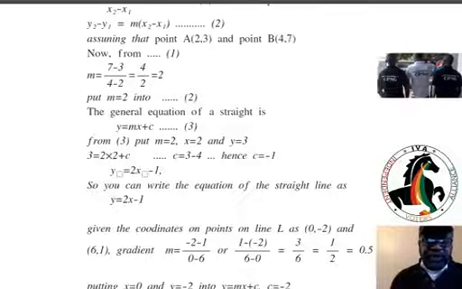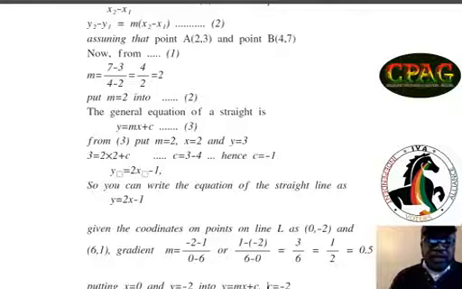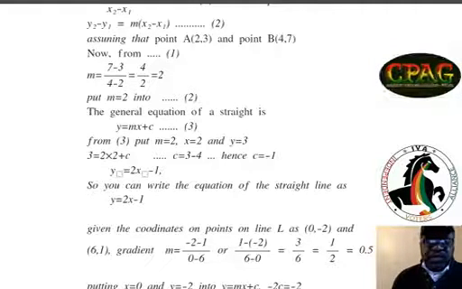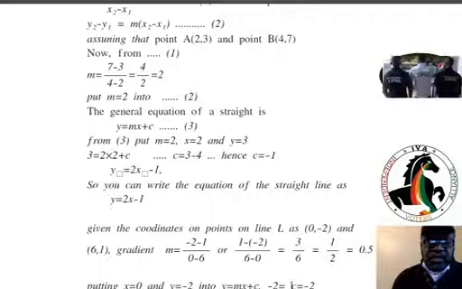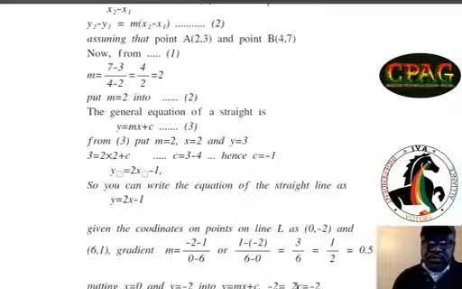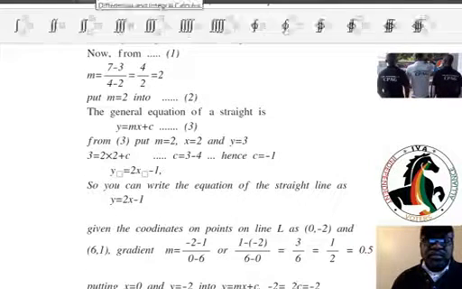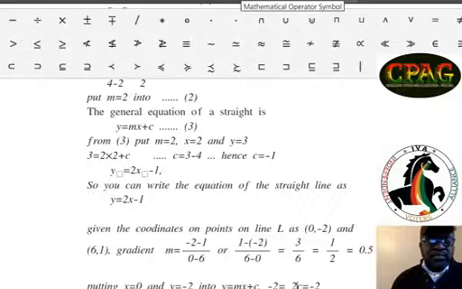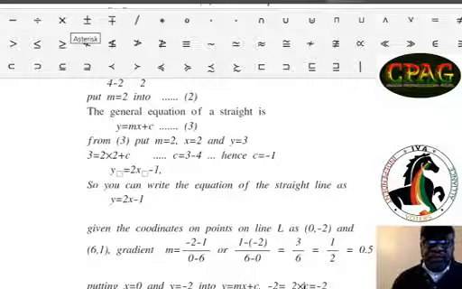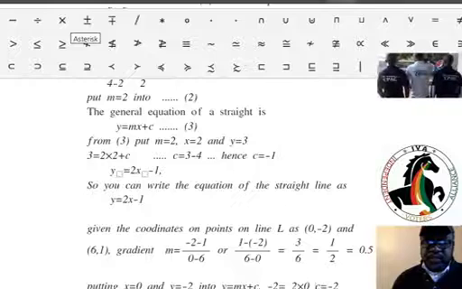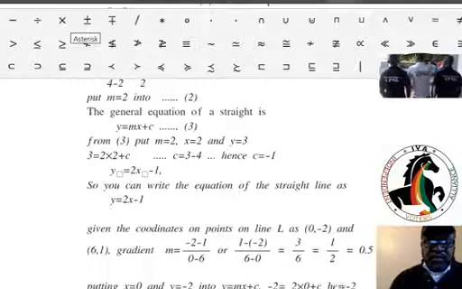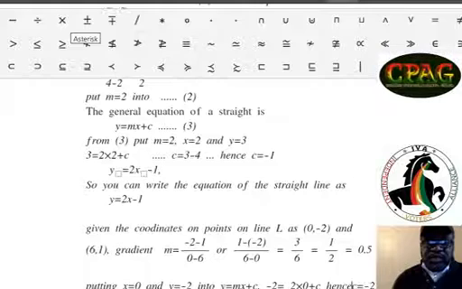If you want me to simplify it further, I could do that. You get minus 2 is equal to 2 times 0 plus c, hence c is equal to minus 2.